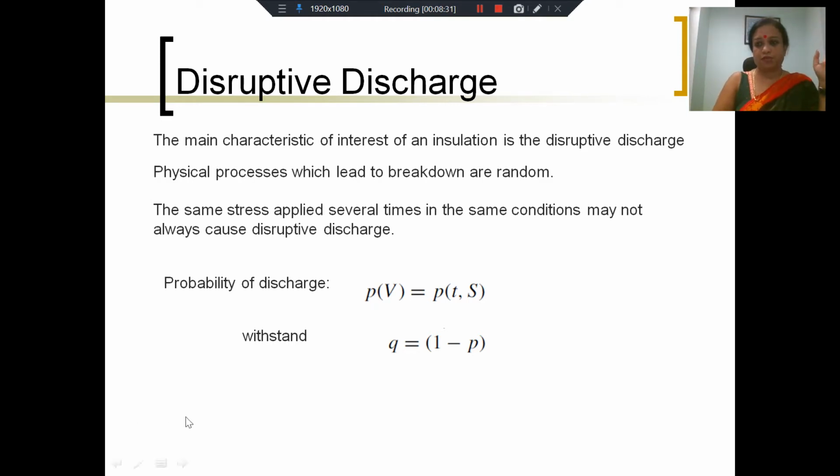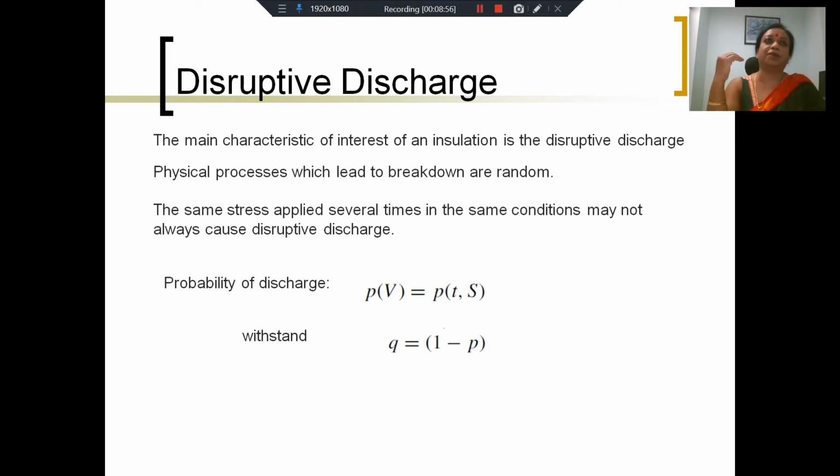This probability, I will talk about a little more, but right now there is only one aspect that I want to stress upon, and that is that the probability whether failure will occur when a voltage V is applied across the system depends, of course, on the stress across the system. So when you apply voltage V, what is the electrical stress across the system? If this electrical stress exceeds the breakdown strength of the material, breakdown will occur. If it does not exceed, breakdown will not occur.